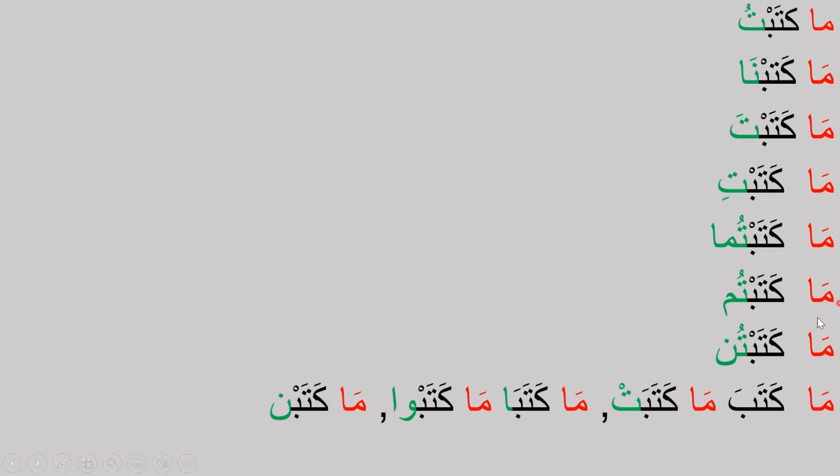As you can see, ma is easy to use, but it is used with the past tense. Lam is used with the present tense.